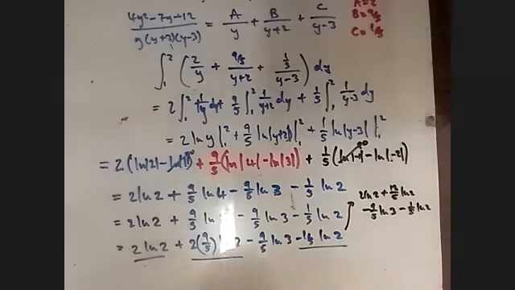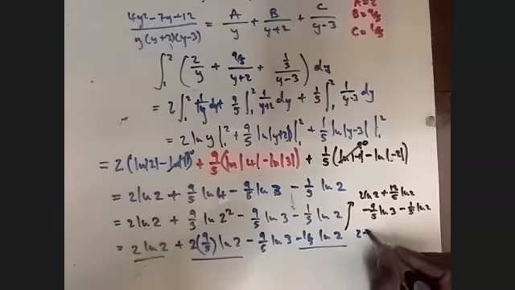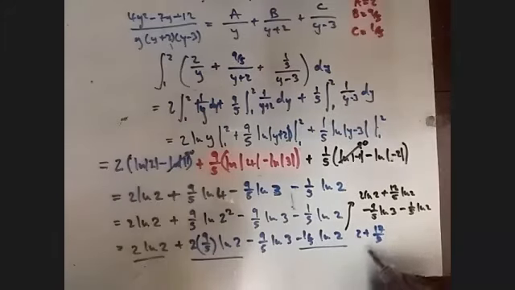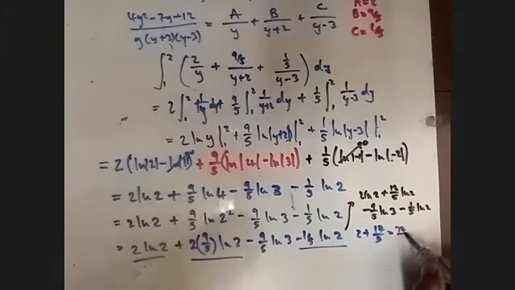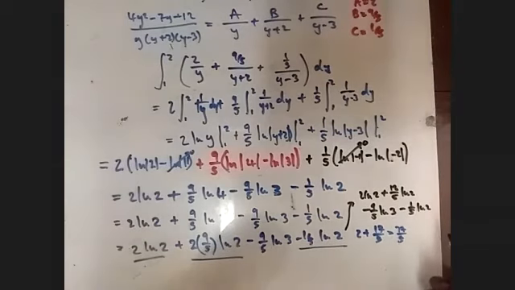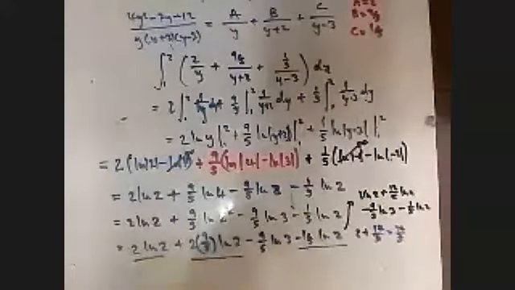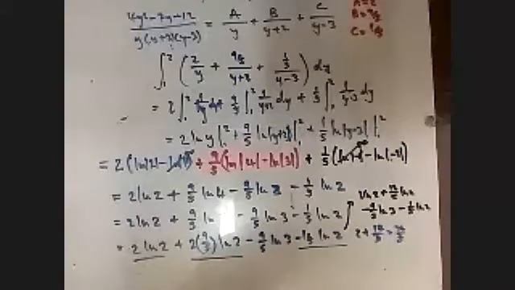So actually I can do this one. It's going to be 2 plus 17 over 5, which is 27 over 5. So he said it's 2 plus 18 over 5 minus 9 over 5 minus 1 over 5.